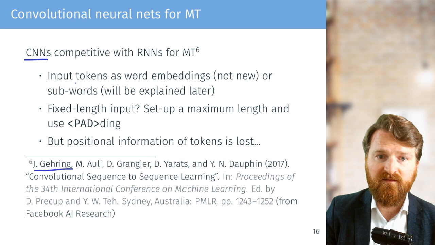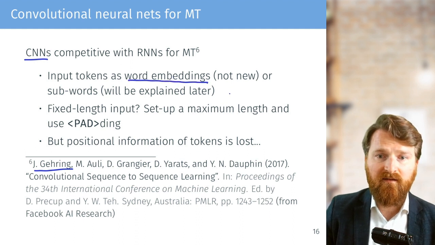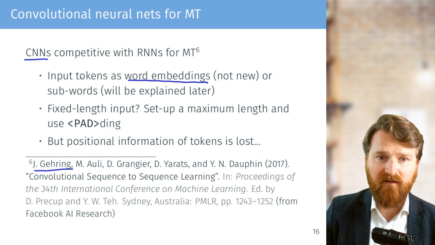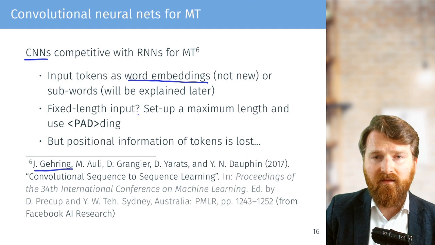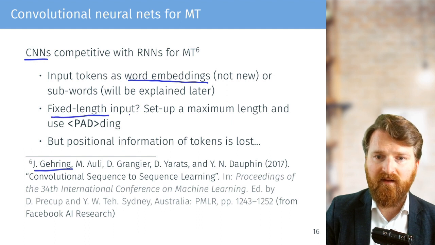The input tokens were word embeddings, which is not a surprise. And they used something called subwords. We'll come back to that later in this lecture. And as we saw before in CNNs, we need a fixed-length input, so we take a maximum length of the input and just use padding. This is a standard thing.